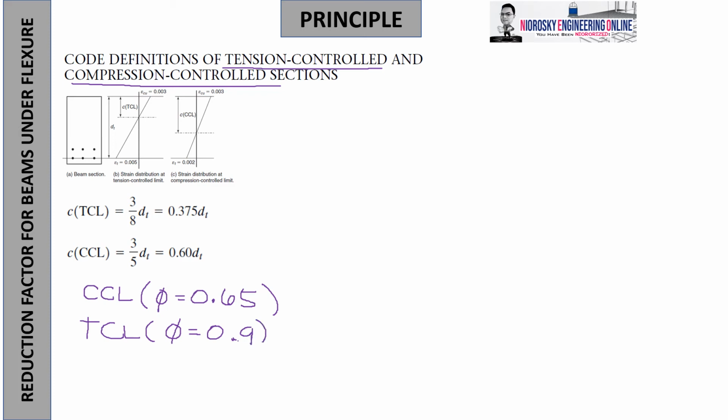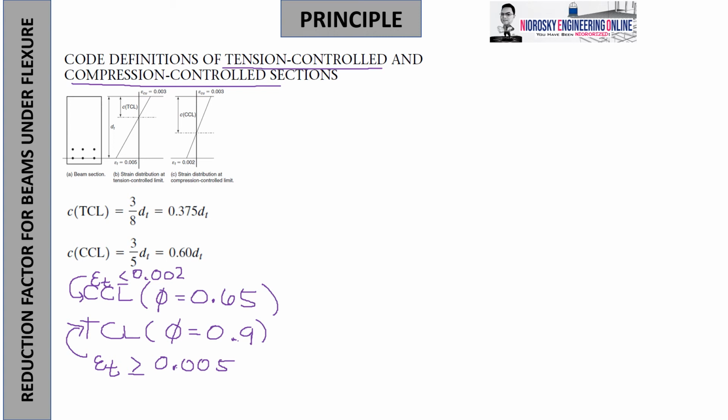So, when do they activate? For the compression control limit, when the strain we get is less than 0.002. The tension control limit is activated when the maximum tensile strain is more than, sorry, not equal, but let's say more than, so at least we have something, 0.005. Okay? So, those are the conditions. Okay, we can make it equal.